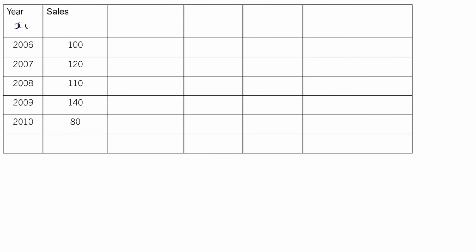This year is given by xi, sales is given by y. Now we have to shift the origin. If we have an odd number of years, then the year in the middle can be taken as the origin. So we have x is equal to xi minus 2008. And then we have xy and x square.